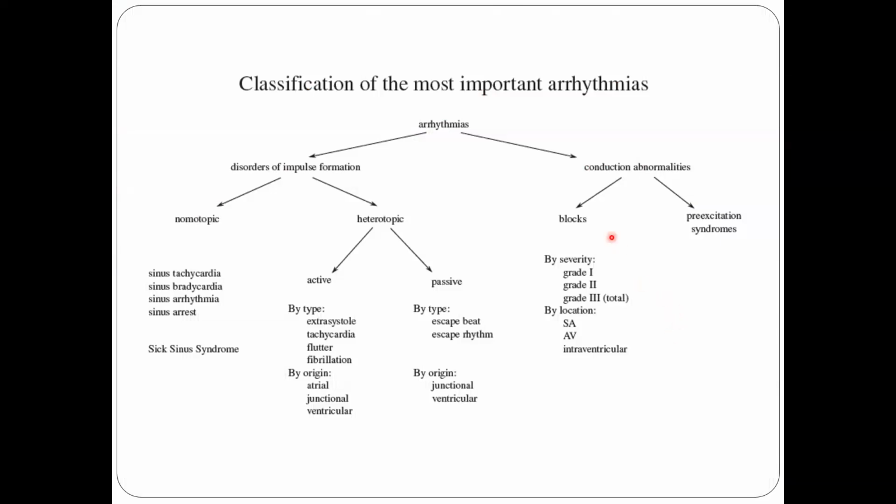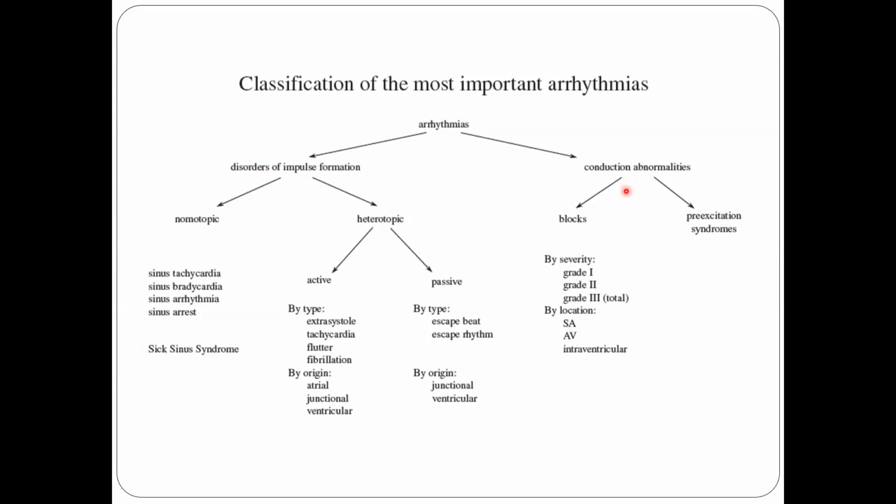It can differ in rate, in rhythmicity, or in the impulse formation center. So this is one big chunk of the ECGs that we are discussing: the impulse formation abnormalities. Now let's move on to the conduction abnormalities.